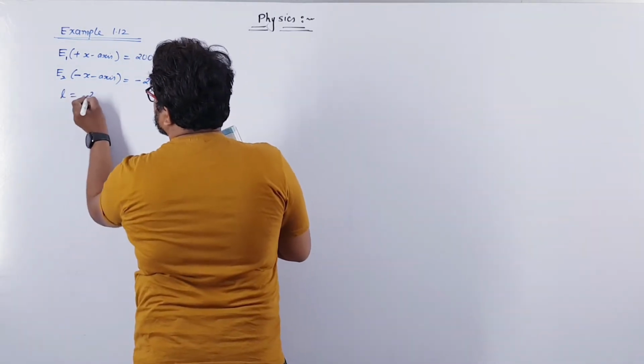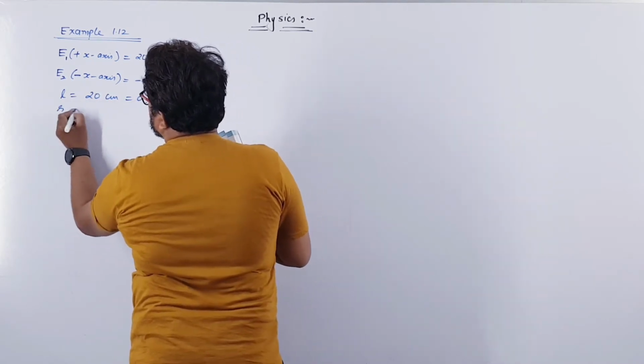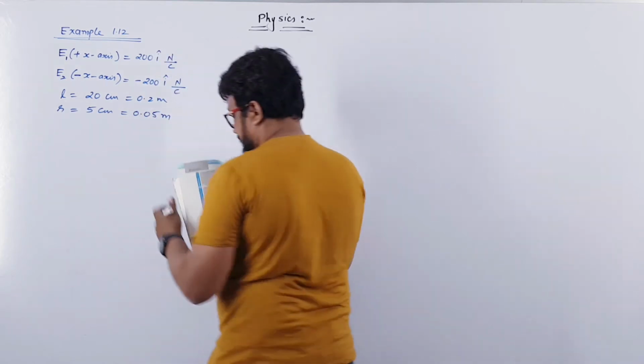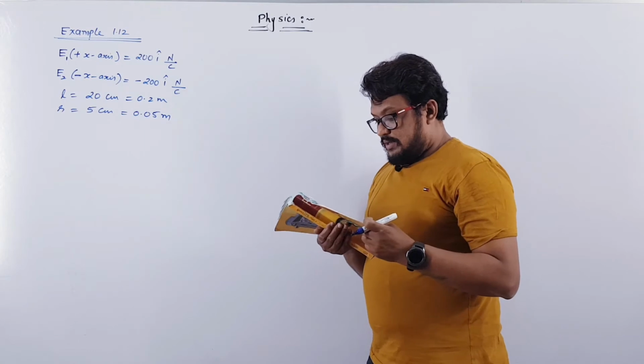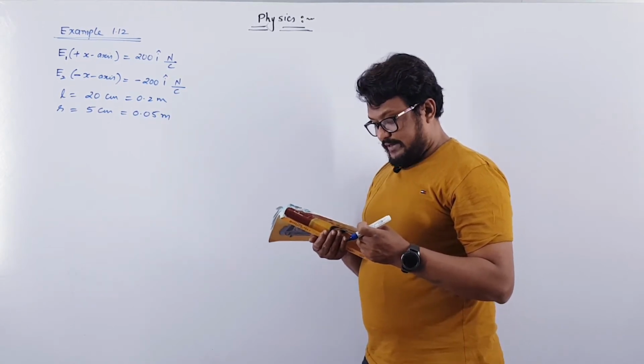Length of the cylinder is given as 20 cm, that is 0.2 meter, and radius is given as 5 cm, that is 0.05 meter. It has its center at the origin and its axis along the x-axis.